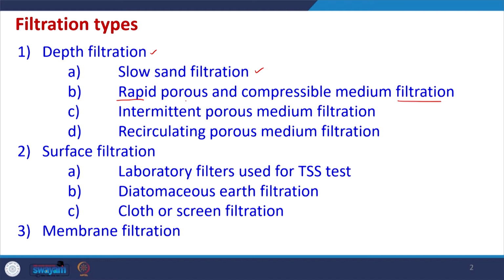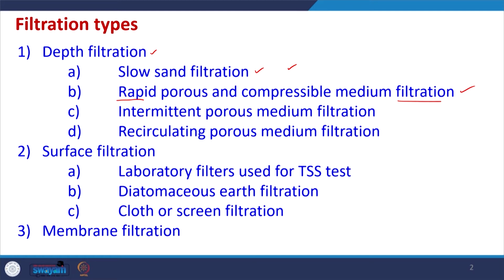It may also include porous or compressible medium filtration, intermittent porous medium filtration, and recirculating porous medium filtration. The first two are the most common in industry.